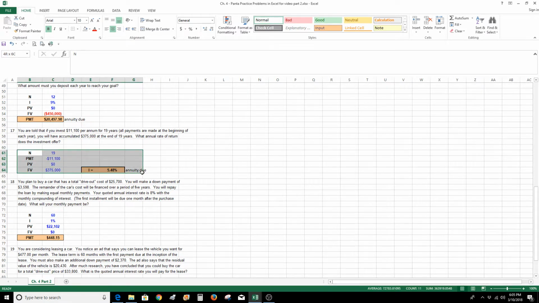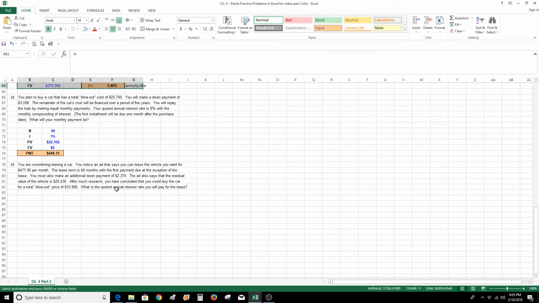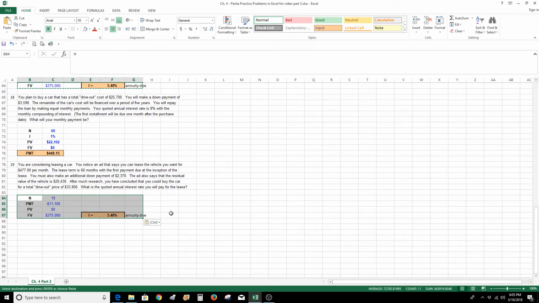So let's go up here to this one, copy the interest rate, go down here and paste because we're looking for interest rate. This one's an annuity due and it's already set up that way, so that's fine. You know that the payment is $477 a month.